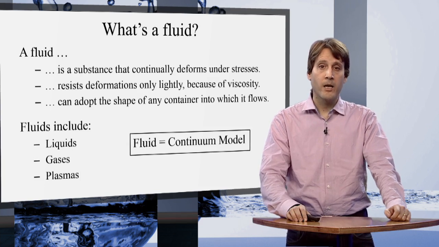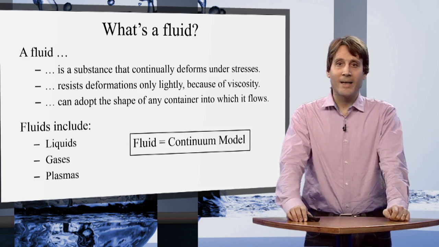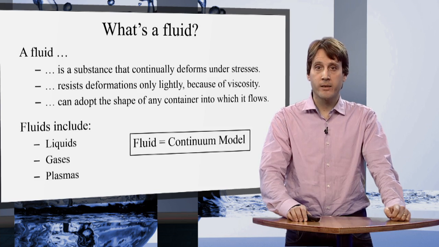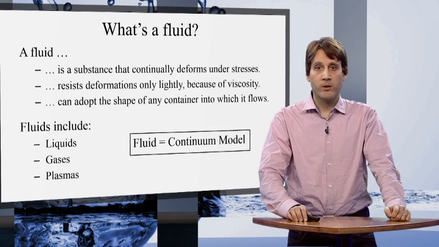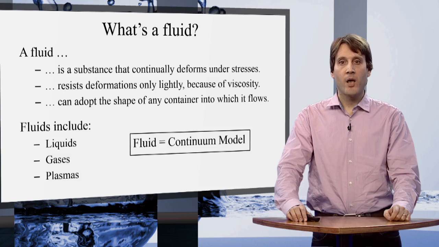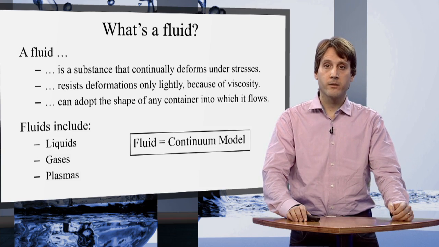Fluids are investigated with a branch of physics which is called fluid dynamics. It is a discipline of a much broader field called continuum mechanics, in which matter is modeled from a macroscopic standpoint, in which the molecular nature of the matter is being neglected.